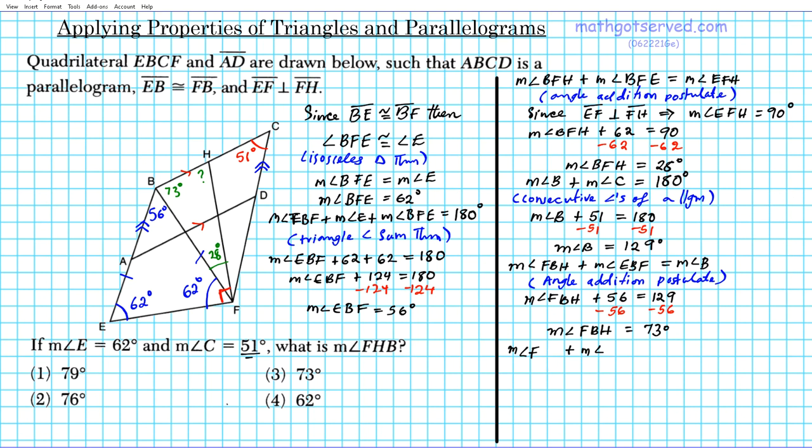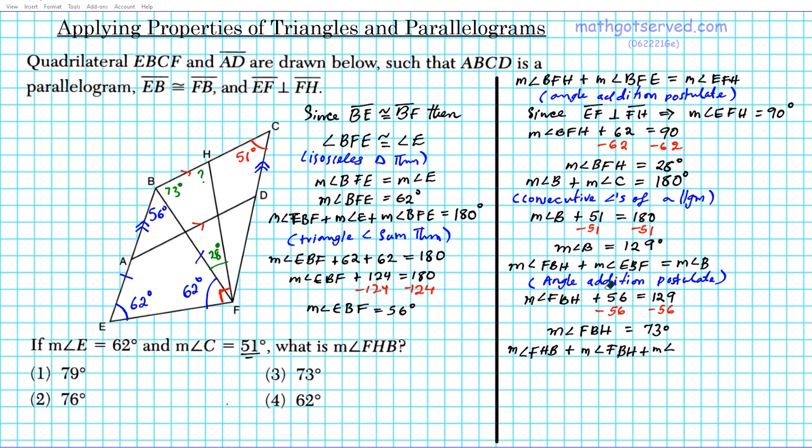So measure of angle FHB plus measure of angle FBH, right? The second angle in the triangle plus the third one, measure of angle HBF or BFH.